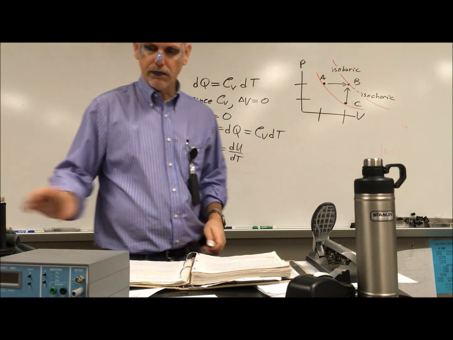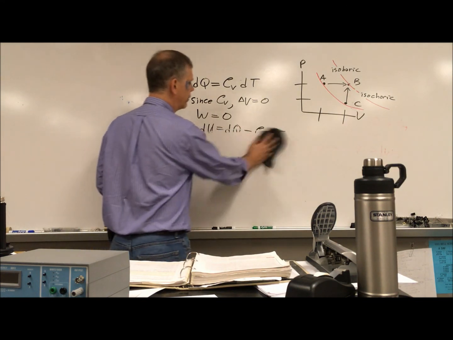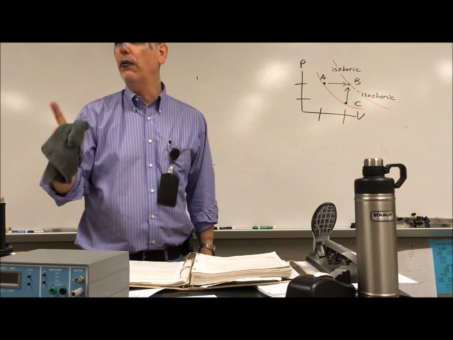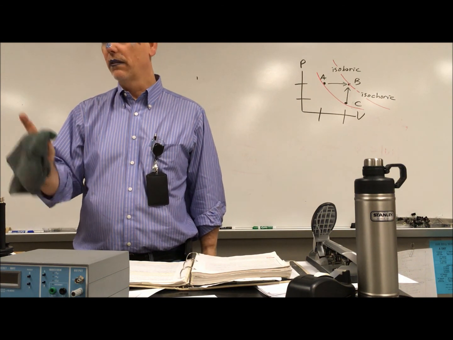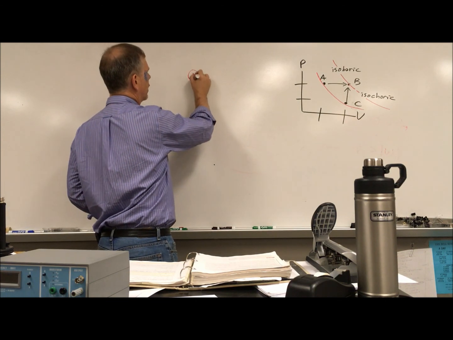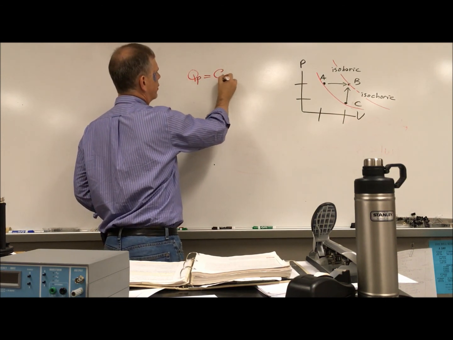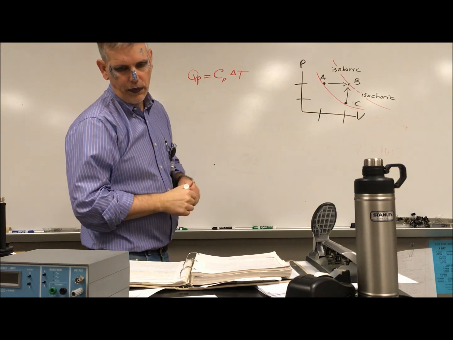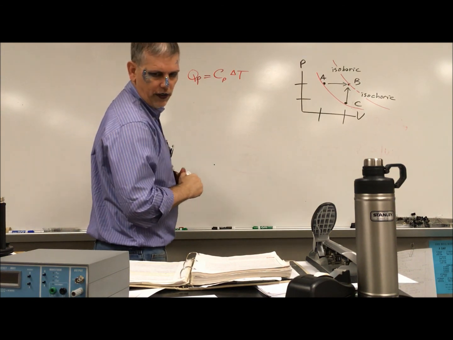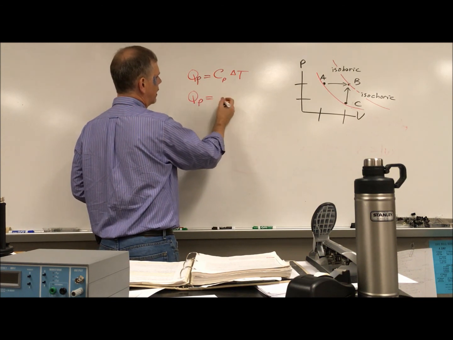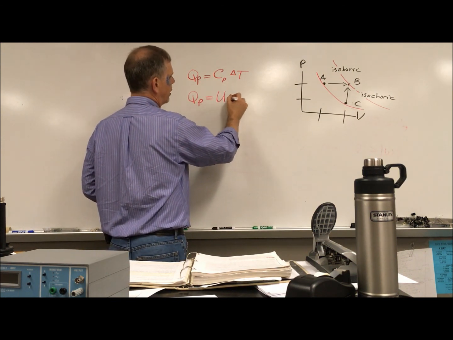Okay, now, if this is true, what about at constant pressure? Because we said that CP was bigger than CV, didn't we? Well, let's prove that. So if we start with QP equals CP delta T, and then we take the first law of thermodynamics. Well, he does it this way. QP equals delta U plus W, right?